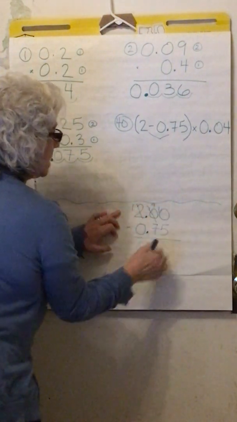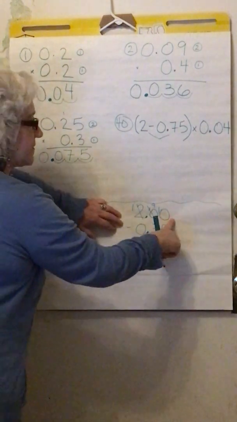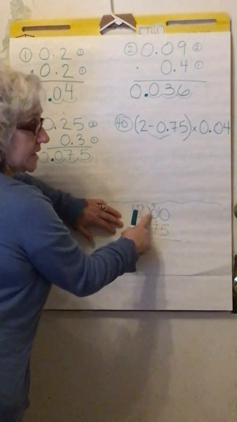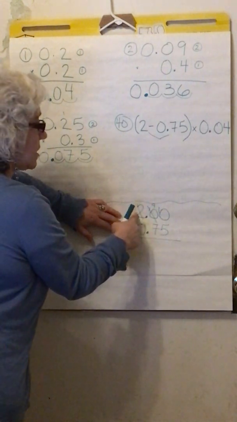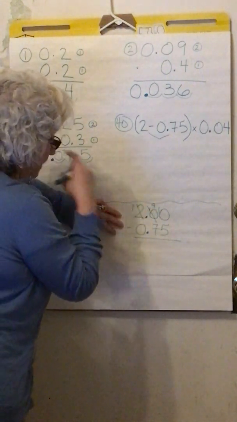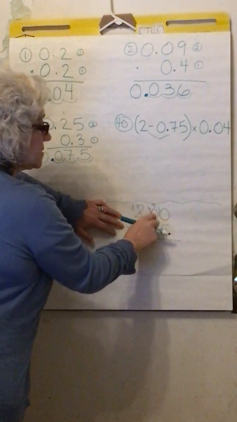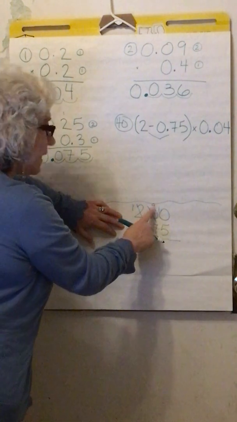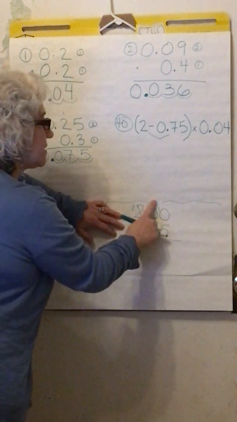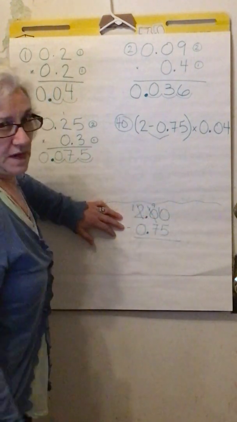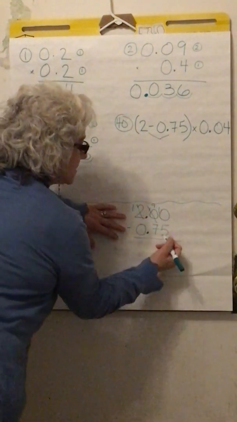Right. So we cannot take 5 from 0, we're borrowing, we can't take anything from this 0. We are heading over to the 2. The 2 becomes the 1, and then gives to the first 0. That 10 now can give 1 to the next 0. That 10 becomes a 9, and we have 10 in the end spot.